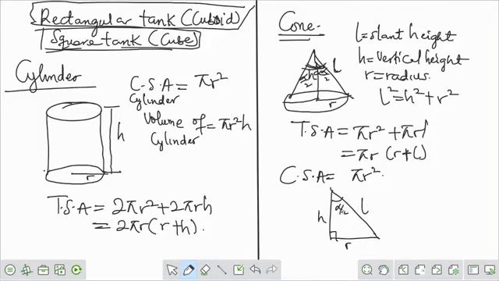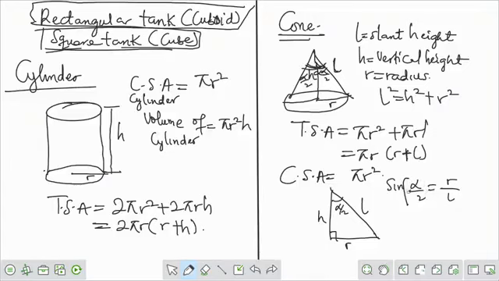Now, to get alpha over 2, I'm going to use sine. Sine is opposite over hypotenuse. I can use cos also, I can use anything just to get the angle. So sine alpha over 2 is equal to r over L. Now, how do I find alpha over 2?